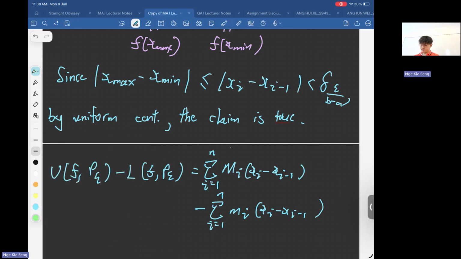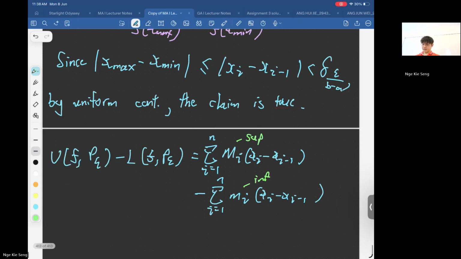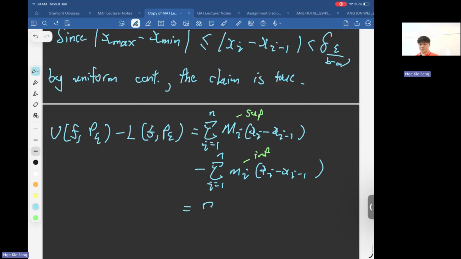They are achievable because we have a continuous function, by the extreme value theorem. So this is just the sum of (M_i minus m_i) times the difference of your endpoints.